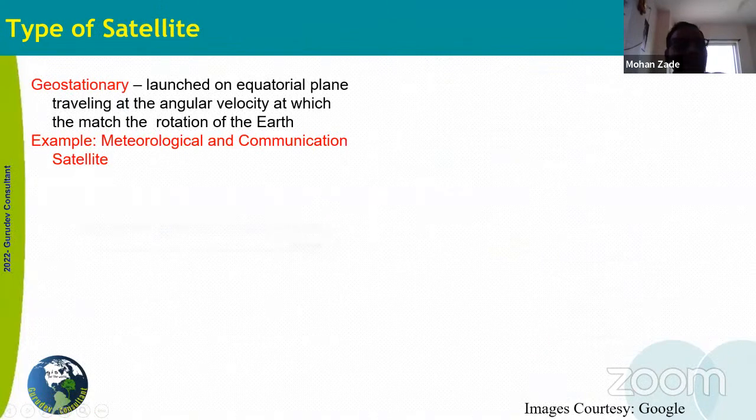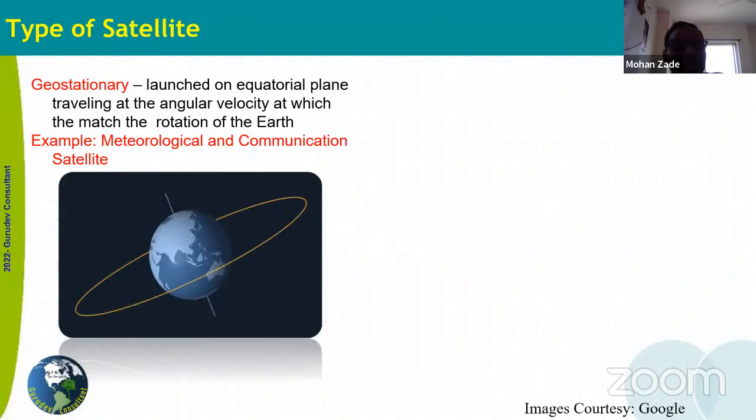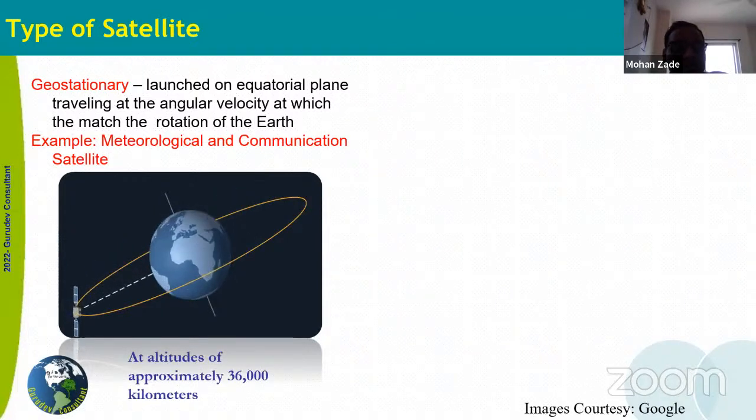Now the types of satellites. One is geostationary satellites, known as meteorological or communication satellites. They are placed around 36,000 kilometers above the Earth's surface, and therefore they can capture more area.